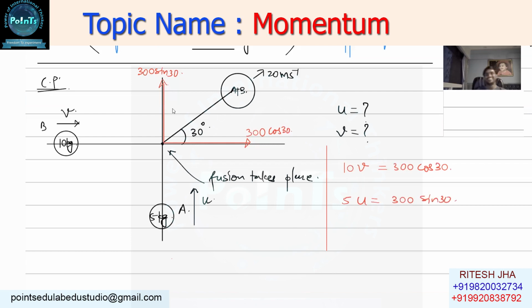What that means is that it's 300 cos 30 equals 10 times V. We can divide both sides by 10, so that's 30 times cos 30, which is root 3 over 2, so it's 15 root 3, which is equal to V.